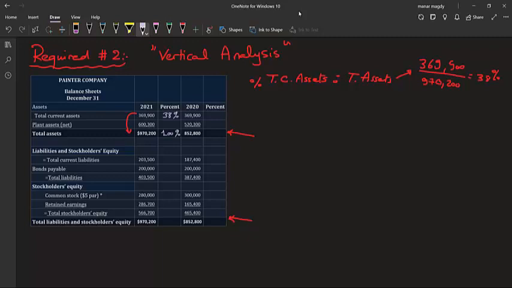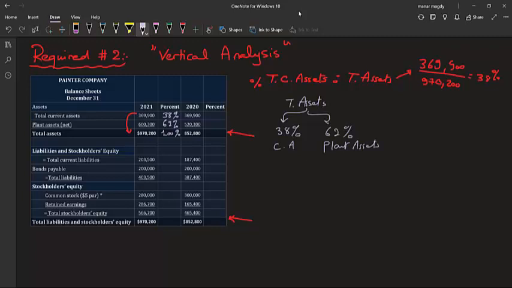So the plant assets, the difference between the 100 and the 38, equals 62%, right? It is the remaining amount. So the total assets is subdivided into two ratios: 38% as current assets and 62% as plant assets. This is for year 2021.